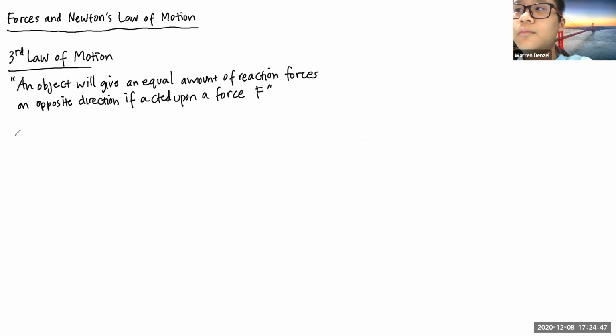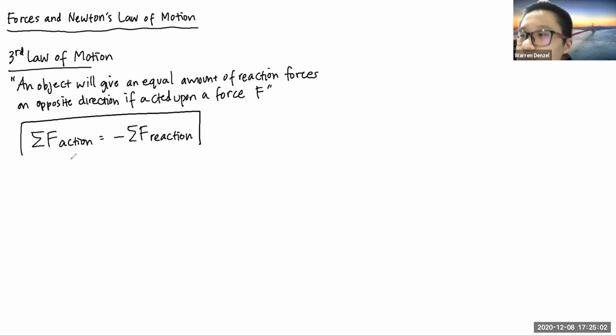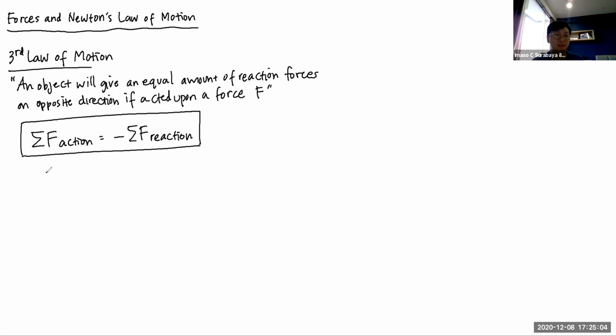In equation, it will be the resultant of action forces is equal to the negative of the resultant reaction forces. Or someone will actually just say A and R, A for action, R for reaction. So what does this mean?